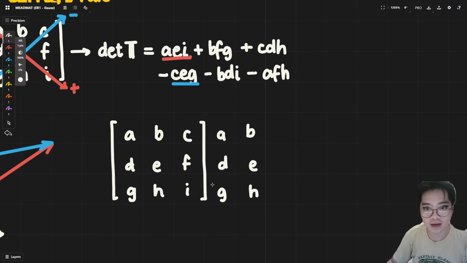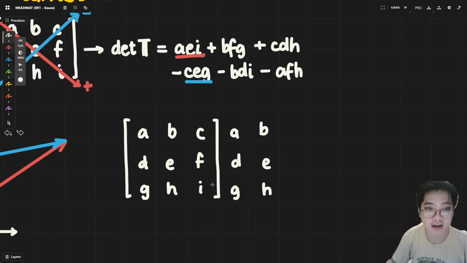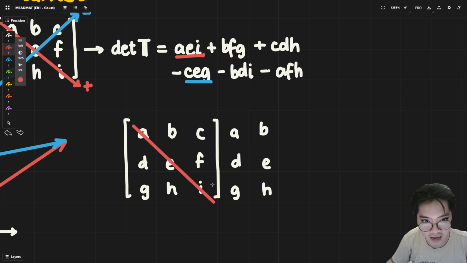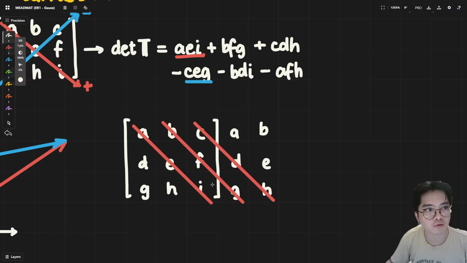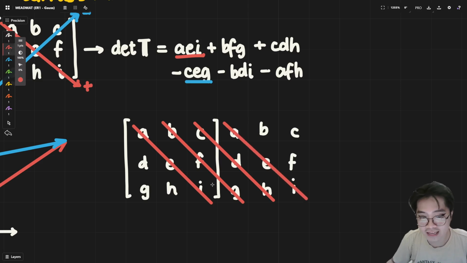And why did I not write down the C, the F, and the I? It's because this is enough. You will be able to create AEI, BFG, and then CDH. If I were to create another CFI, Eddie, you would replicate the AEI in here, so that is not needed.